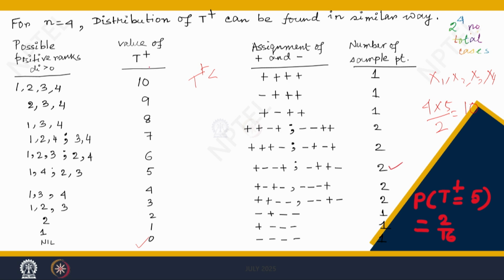So these are the possible figures for t plus: 10, 9, 8, 7, 6, 5, 4, 3, 2, and for every possible figure you can find out the assignment of plus sign and minus sign, and you can count out how many ways one can form to have that value of t plus, right? Similarly, you can figure out the probability, p here means the probability of t plus is equal to 5. I have done here 5, but you can do for 8, you can do for 4, anything you can do.